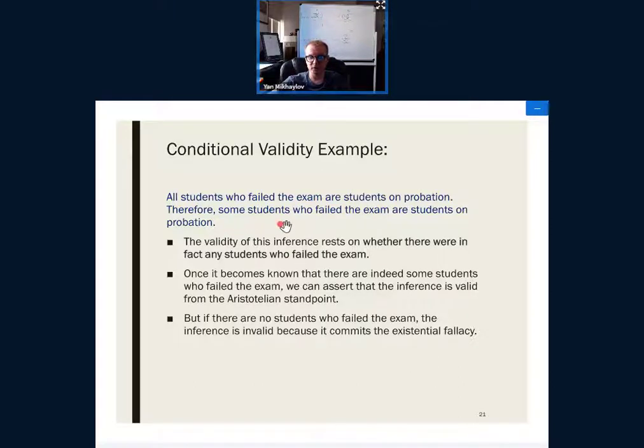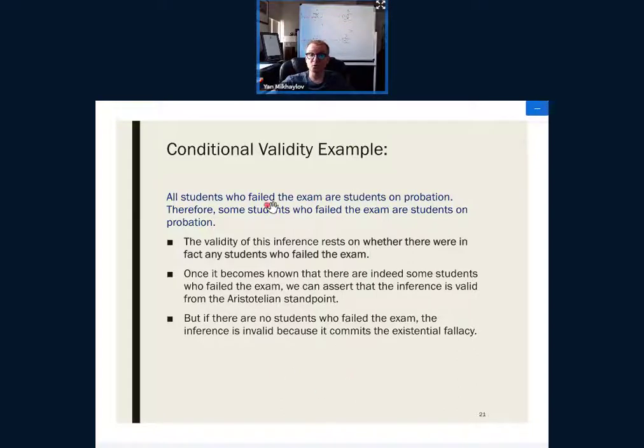Therefore, some students who failed the exam are students on probation. Note that at that point, I may not know yet whether there are any students who failed the exam. And there may not be any students who failed the exam. Unlikely, but possible. So that would be conditionally valid, on the condition that there really are students who failed the exam. And in every single situation when we do not know whether our S class exists, that is always considered conditionally valid from the Aristotelian standpoint, assuming we're going from universal to particular.